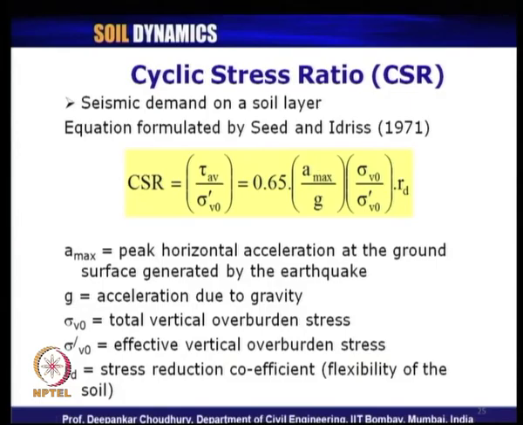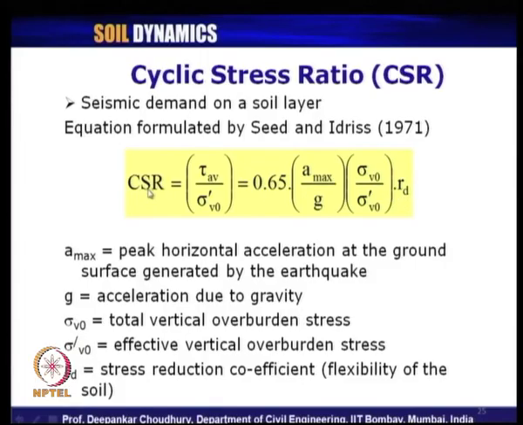They considered the soil column as a rigid beam, and then they developed this expression. Now, this correction factor has been applied to consider the flexibility of the soil. So, that is why this correction factor R d has come into the picture. This is also a number only, no unit.